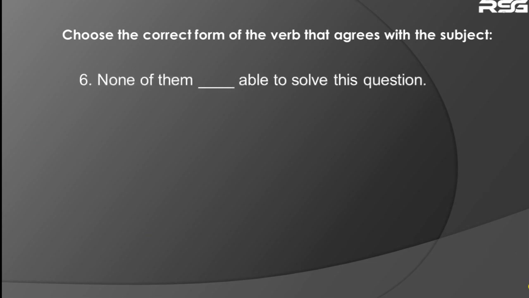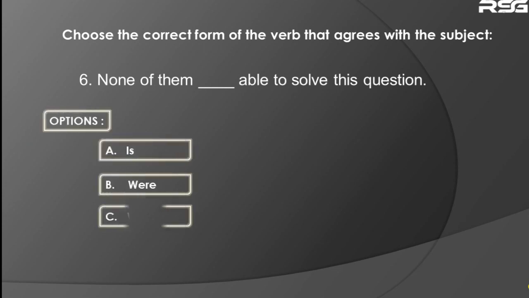Now let us go to sentence number 6. Sentence number 6 says none of them dash able to solve this question, and the options are were, was, would be. Now see, in this sentence, although none, N-O-N-E, is singular when used alone, the word none is singular only when it is used alone.